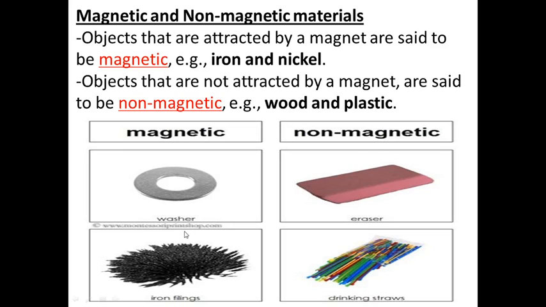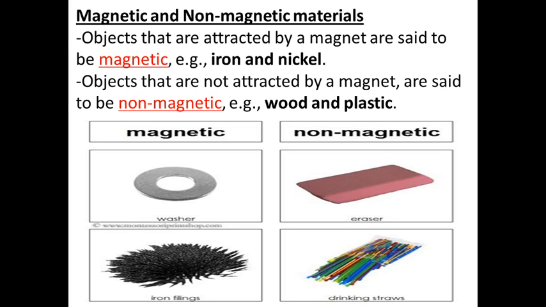A washer and iron filings are magnetic materials, which means a magnet will attract these things. In the case of non-magnetic, there are the eraser, drinking straws, plastic, rubber and wood. Understood?